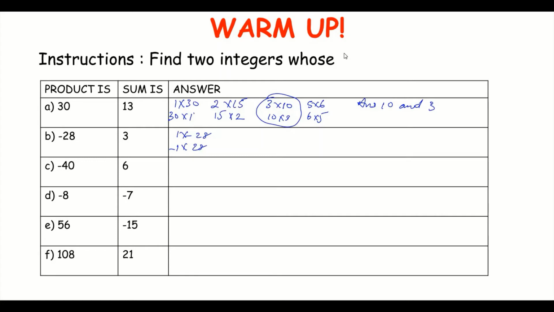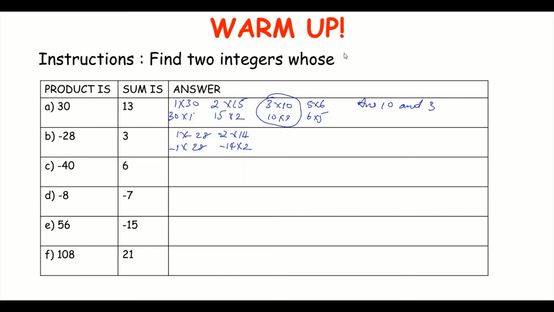Then I try 2. 2 times 14 gives us 28. Now, we need negative 28, so 2 can be negative or 14 can be negative, and it still gives us negative 28. 3 won't work. Oh, sorry, 4 does work.